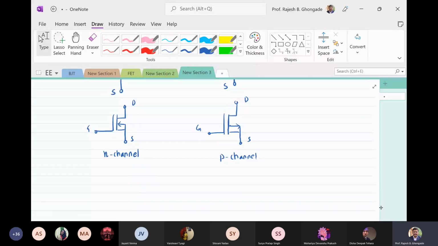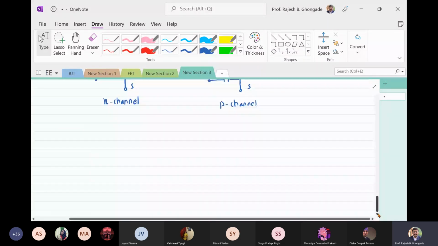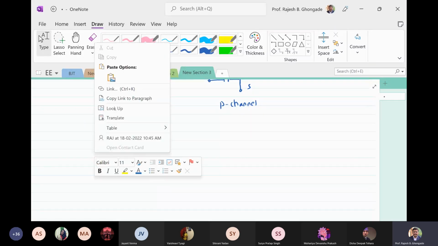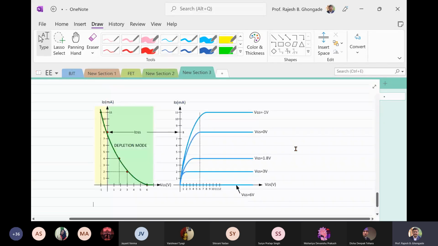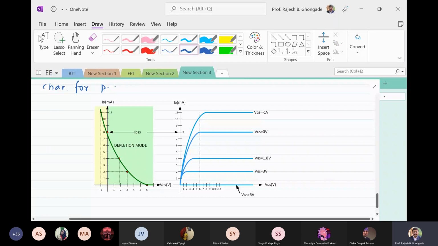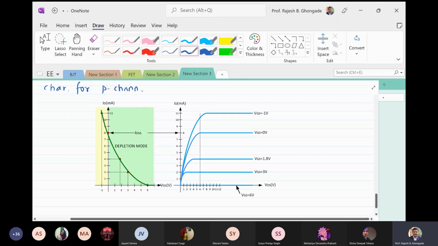So we have these as the symbols. If you look at the characteristics of the P channel depletion MOSFET, just let me fetch it once again. So this is the characteristics for the P channel D-MOSFET.